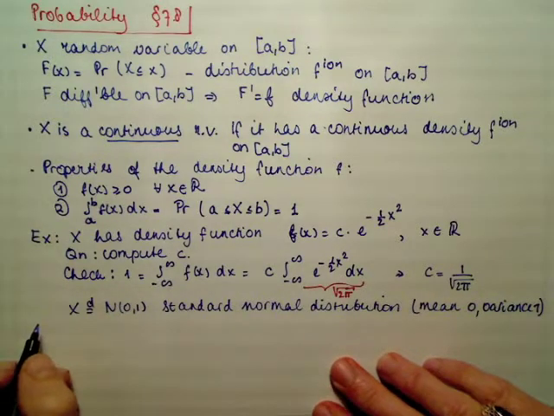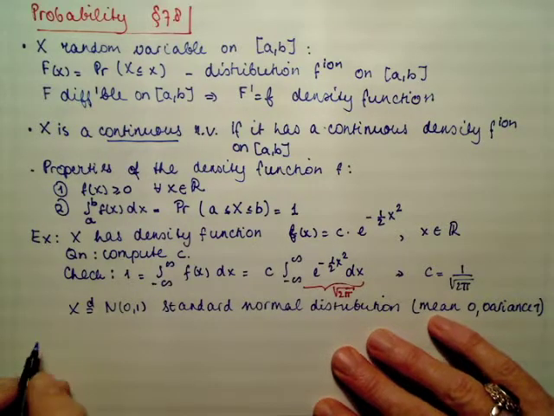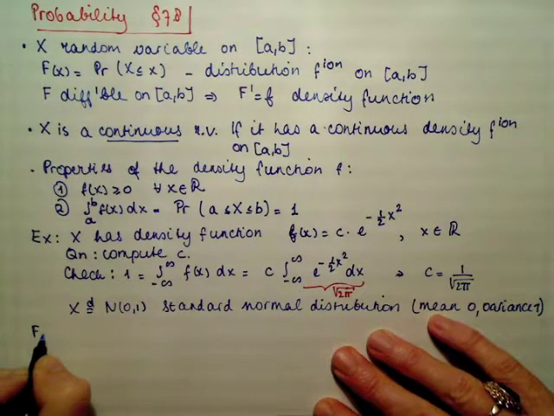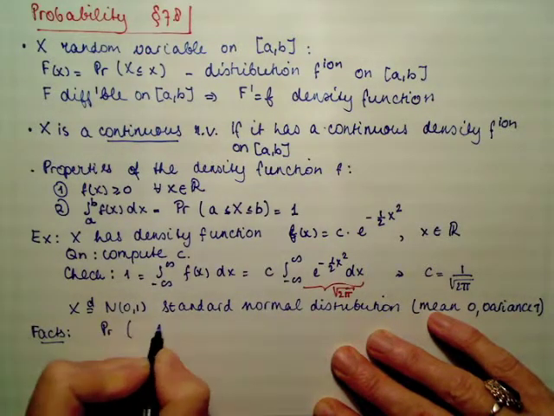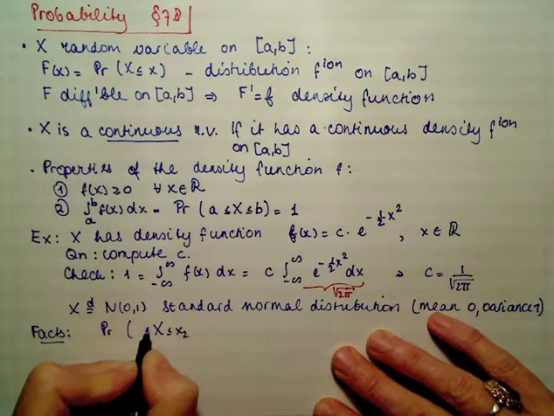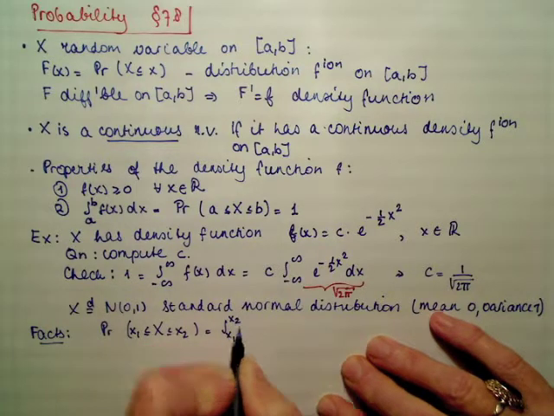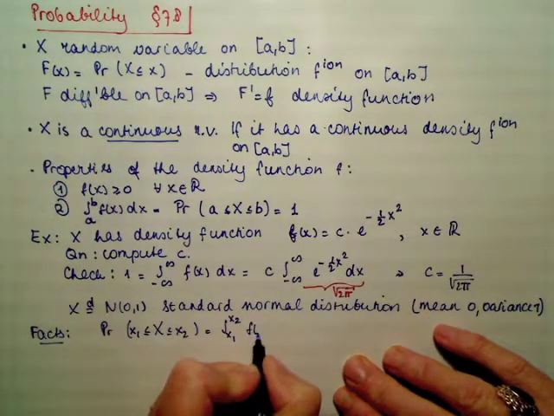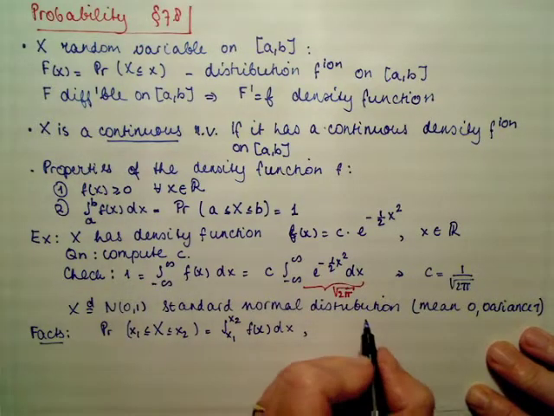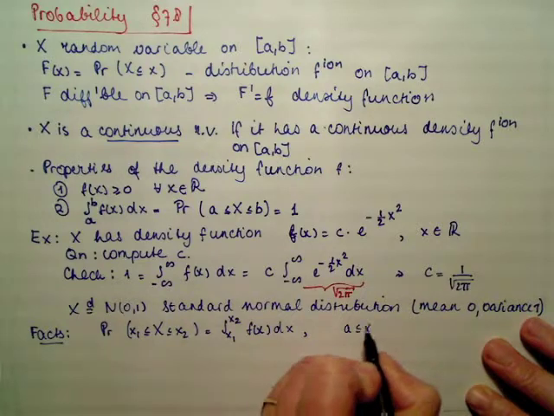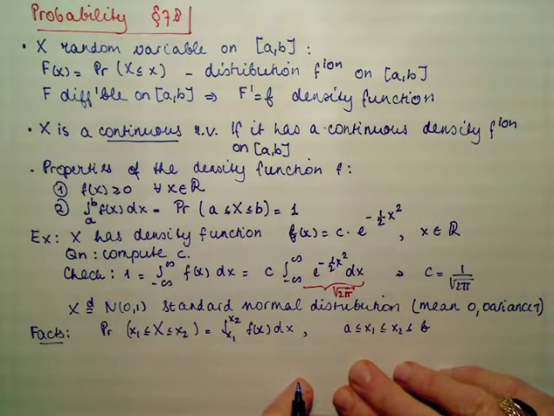Okay, now what properties do we have for a random variable that has a density function? The probability that the random variable x lies between the values x1 and x2 is equal to the integral over the interval x1 to x2 of the density function. So probabilities are integrals, and of course these values have to be between the values where x takes its values.